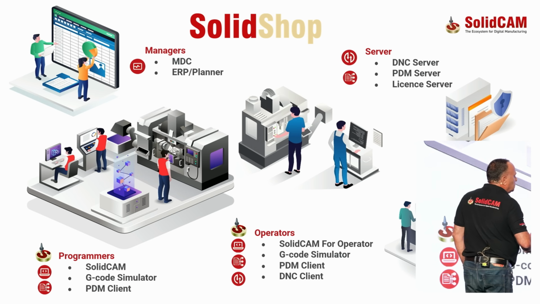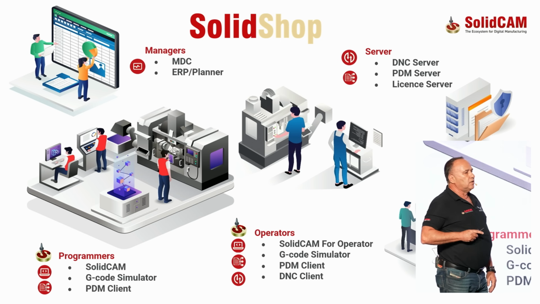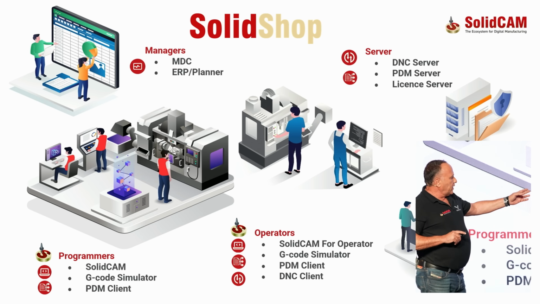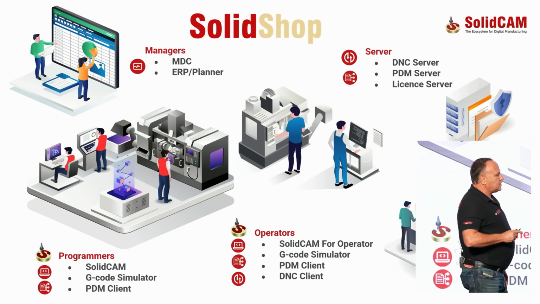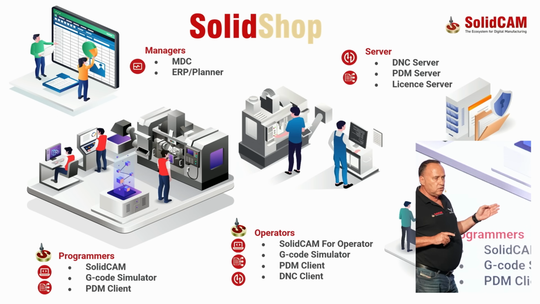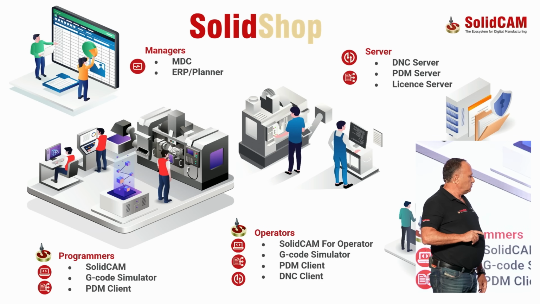The machine operators, who have become a powerful and important role in the workshop, will use SolidCAM for Operator. It's actually a thin version of SolidCAM. They will use the new G-code simulator, which gives them a lot of confidence before running the machine.